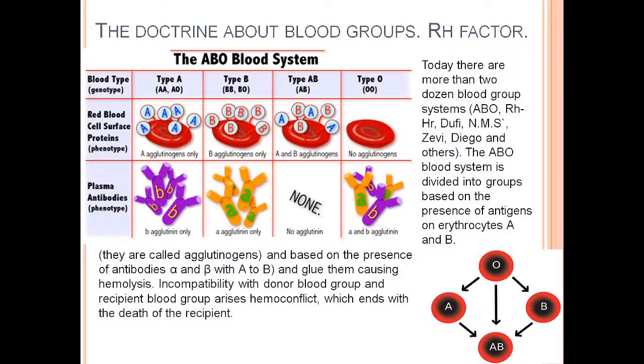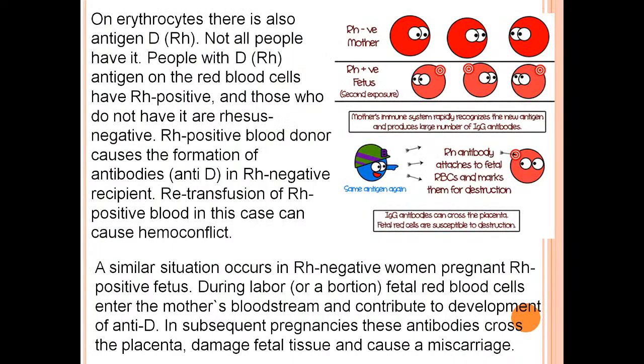With incompatibility of donor blood group and recipient blood group, a hemoconflict arises, which ends with the death of the recipient. So, these are blood groups.